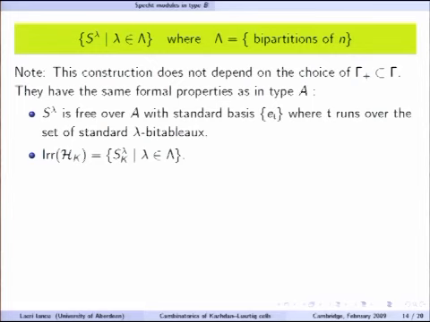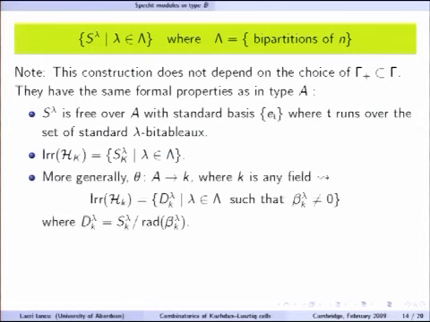If you extend scalars by specialization to the field of fractions of A, then the irreducibles are exactly these specialized Specht modules. And under any other specialization, we get a nice description of the irreducibles of that specialized Hecke algebra, exactly as before.